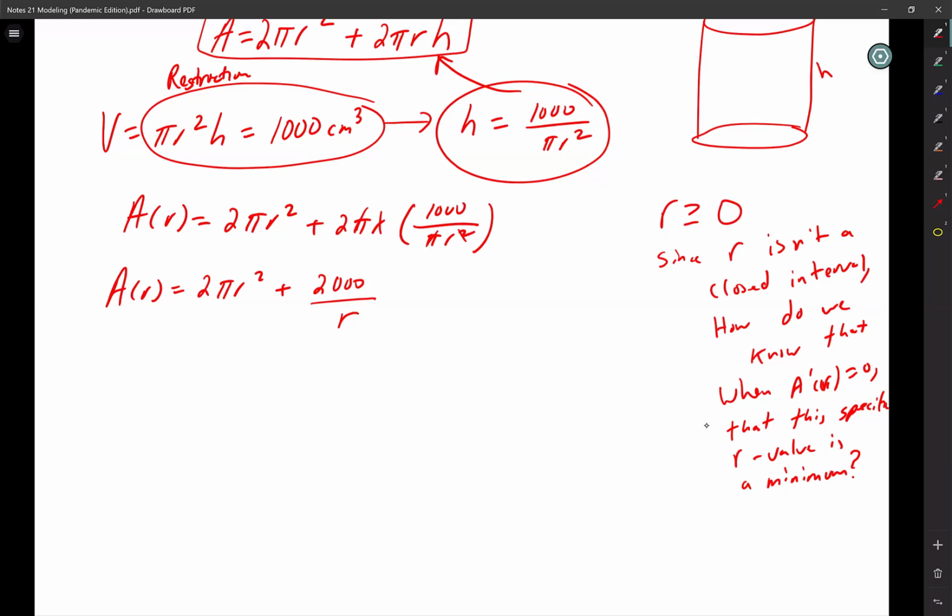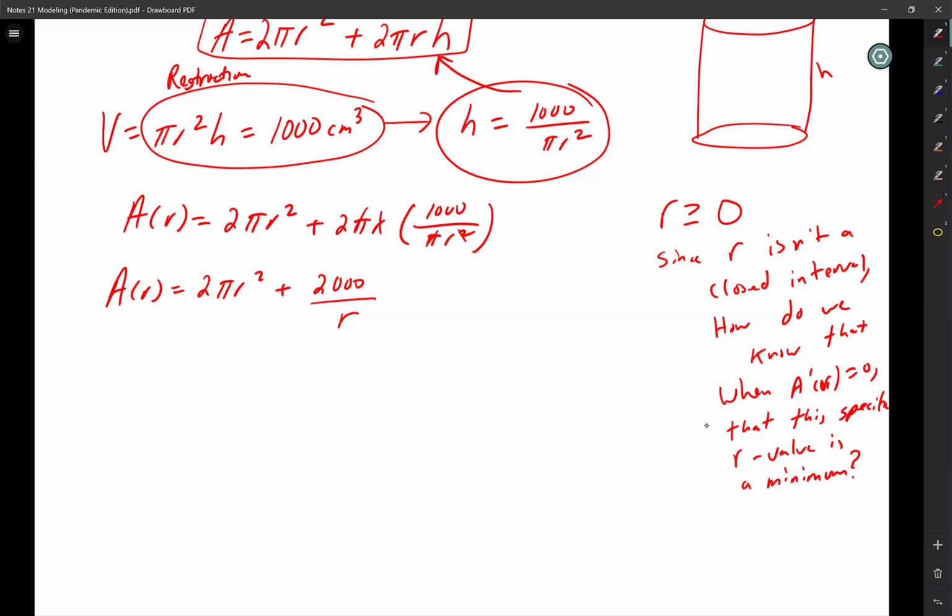If f double prime, no, we need it to be positive because we want a minimum, right? If I have a function that is always concave up and I have a critical number where the derivative is 0, then that critical number must be an absolute minimum, because you're always concave up in the entire domain and that's the only place where you have a horizontal tangent. Does that make sense? Like a parabola.